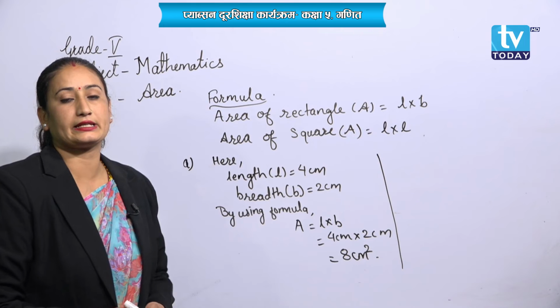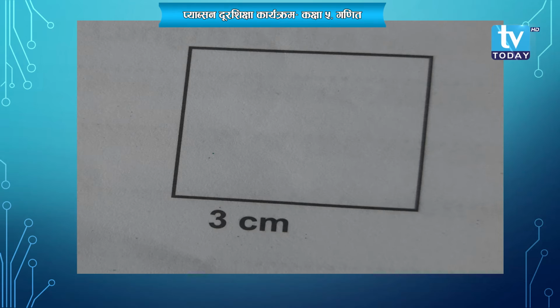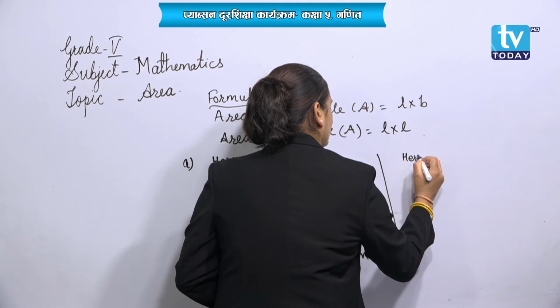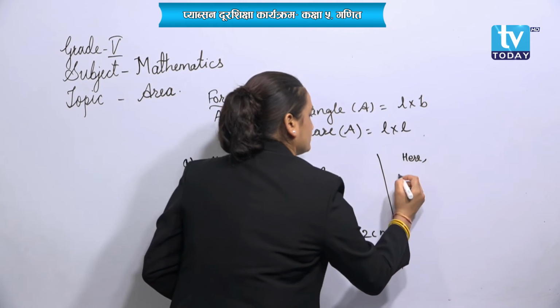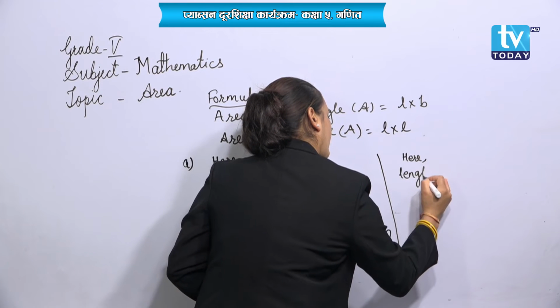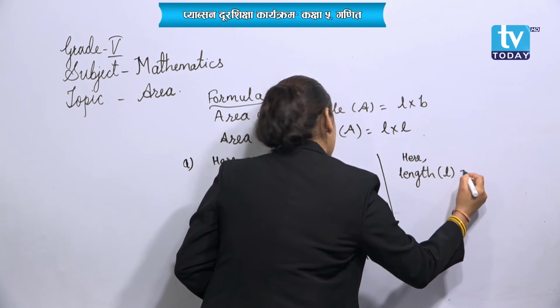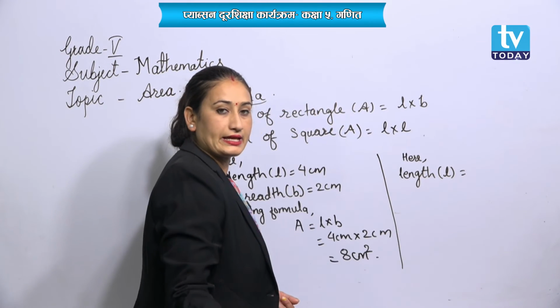Now same like here in the second picture. Have a look at the second picture. In the second picture, have you noticed? Only one side length is given, right? That means it's a square. So how to write? You can write here length L is given as 3 cm, right students?